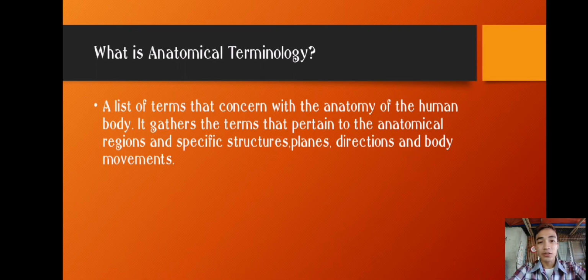So in other terms, anatomical terminology is a form of scientific terminology used by anatomists, zoologists, and health professionals such as doctors. Anatomical terminology uses many unique terms, suffixes, and prefixes deriving from ancient Greek and Latin.